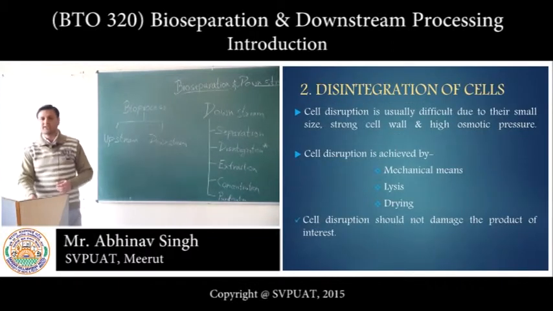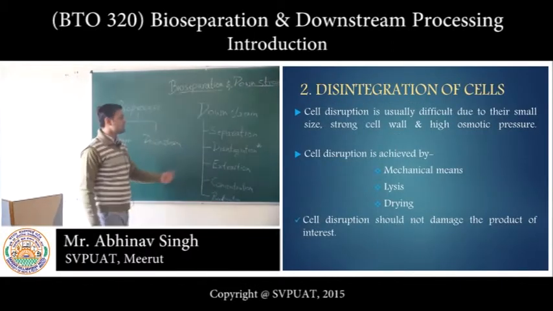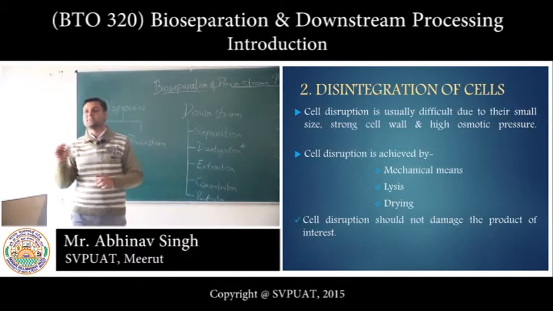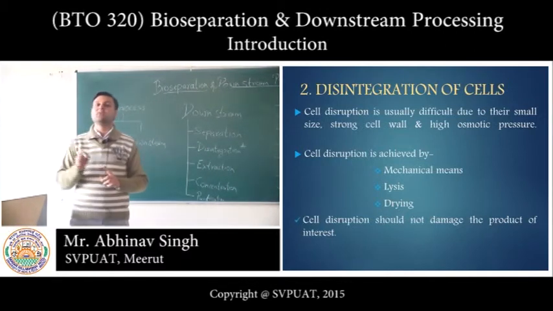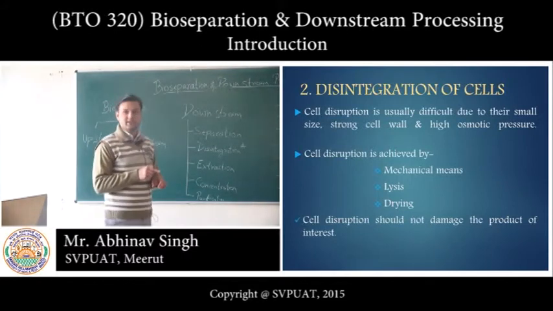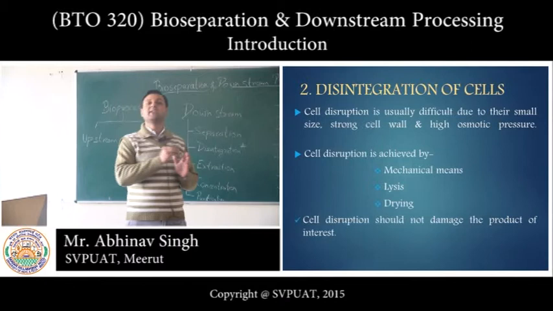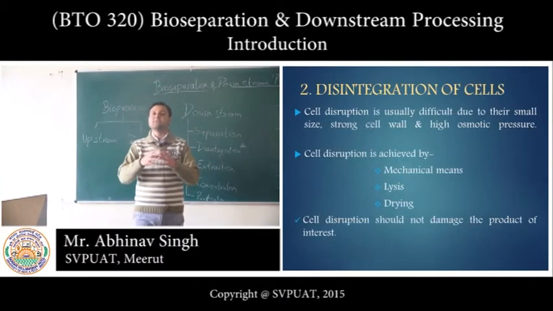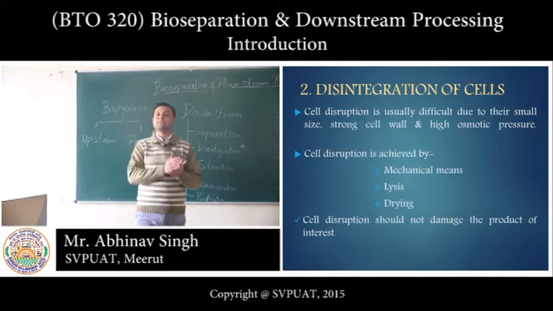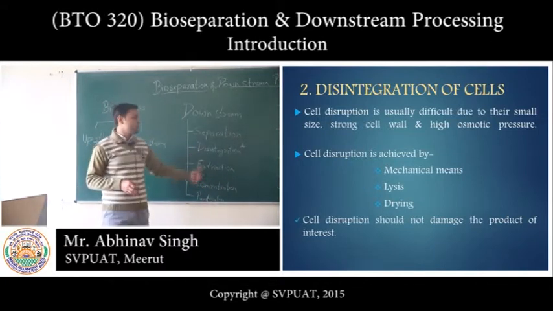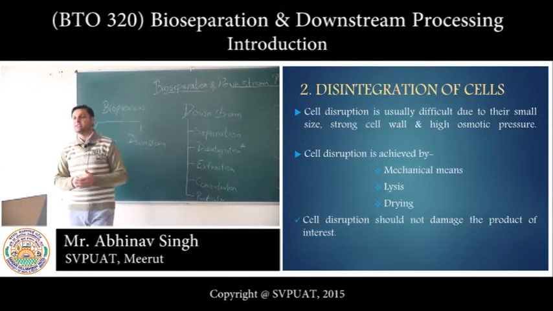Next is the disintegration of cells. As we had already discussed, in which cases will disintegration be required? It will be required only in the cases of the product being intracellular. It means the product is present inside the cell, and to get access to that product, we first need to disintegrate the cell. We first need to break that cell and harvest our product. There are very many techniques available for disintegration.